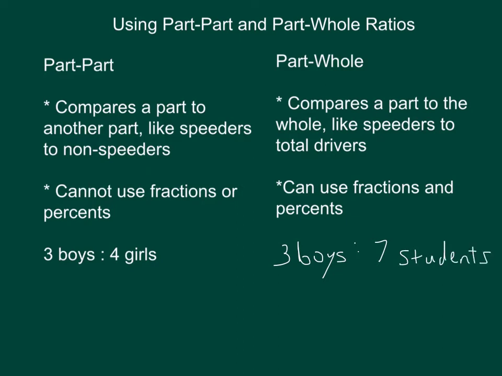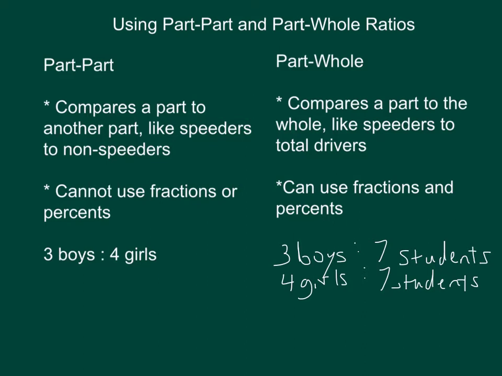Because if I have 3 boys and 4 girls, that must mean that I have 7 students total in this ratio. I could just as easily have done 4 girls to 7 students. Because I haven't been given a problem yet, I have no way of knowing which way I'm going to need to write it. Now, let's take a look at the fraction percent issue.